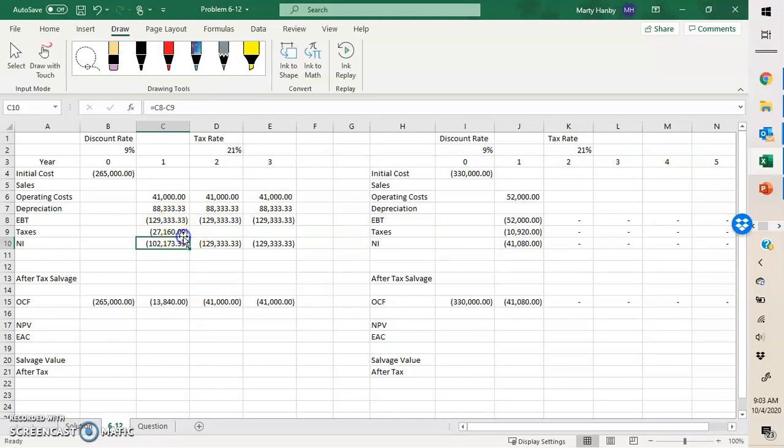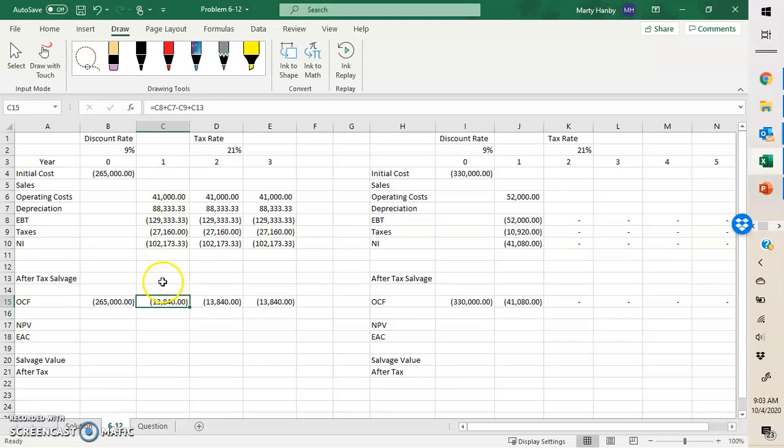That's actually a reduction in taxes. Now I can drag this across. So now I've recreated all my project cash flows. This is OCF. It's actually kind of misstated right now. EBT plus depreciation minus taxes is the calculation.